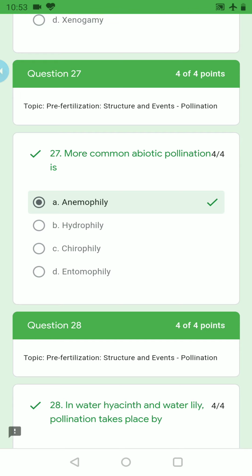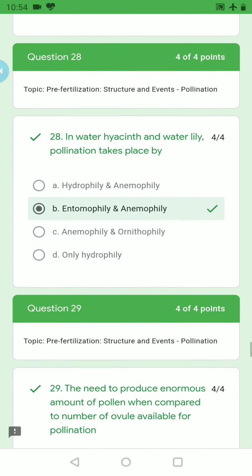Chiropterophily, the pollination by bats. Entomophily is pollination by insects, isn't it? But here, the more common abiotic pollination. Abiotic means non-living components, isn't it? Anemophily is the more common abiotic pollination. Okay? Yeah.